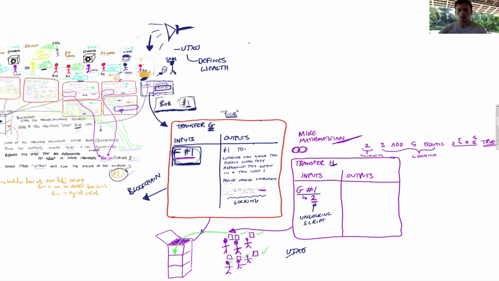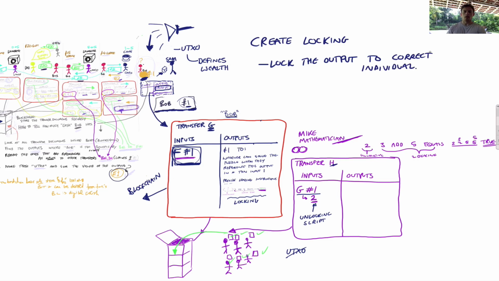We need to create locking scripts for all previous historic transactions which lock the output to the correct individual, right? And so this has to be done for all previous transactions.